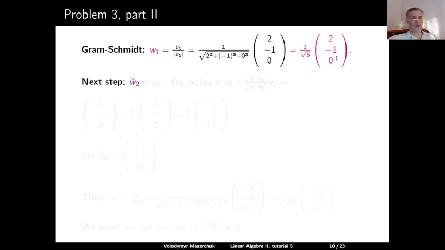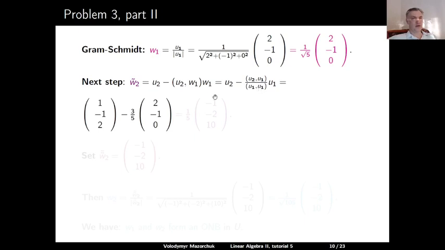On the next step, we first look for the auxiliary vector w2 tilde, which is equal to u2 minus w1 with the scalar product between u2 and w1. Since w1 is u1 divided by the length of u1, we can rewrite it as u2 minus u1 with the coefficient, the scalar product between u2 and u1, divided by the scalar product between u1 and u1.